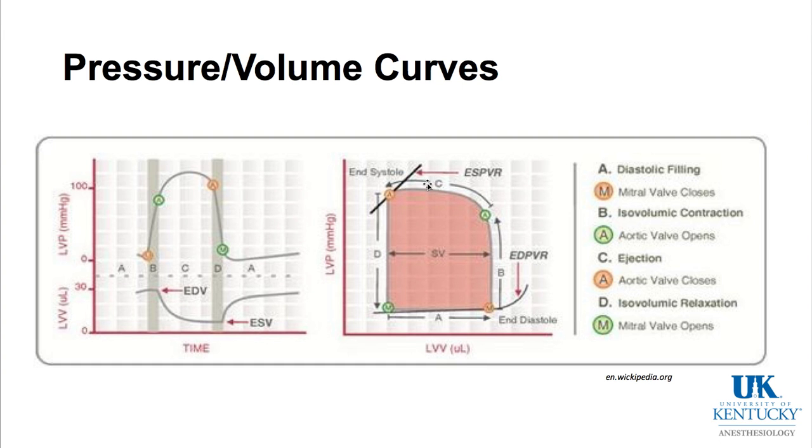The height of it tells us about the pressure that's being generated in the left ventricle, and left ventricular end diastolic pressure can be found on the bottom part of this curve at the orange M. LVEDP greater than 18 millimeters of mercury is considered quite high, and that, along with an ejection fraction of 40% and regional wall motion abnormalities, is a reflection of a poor left ventricular function.